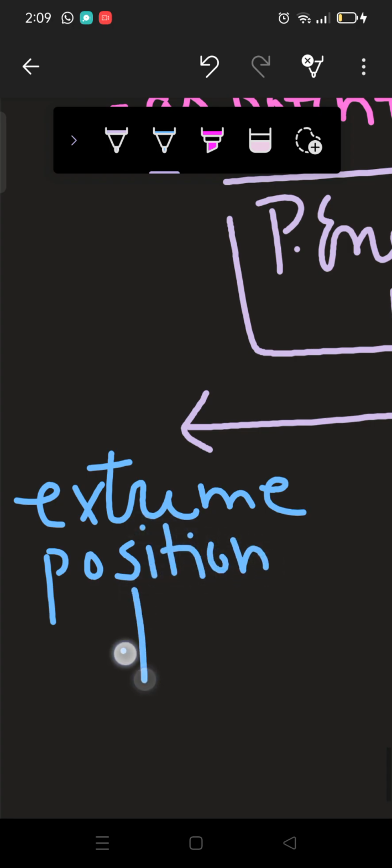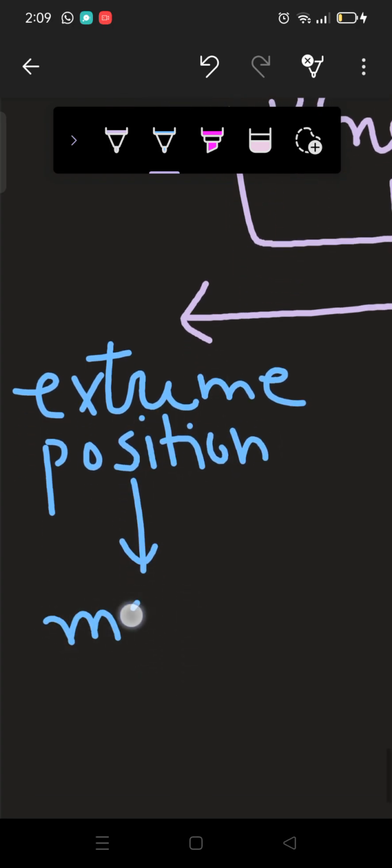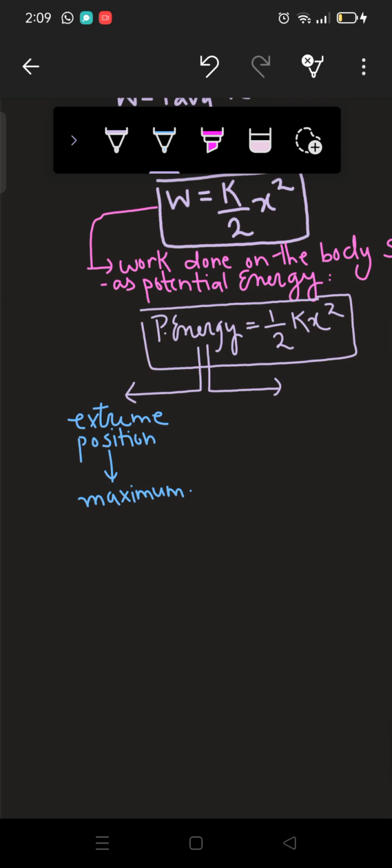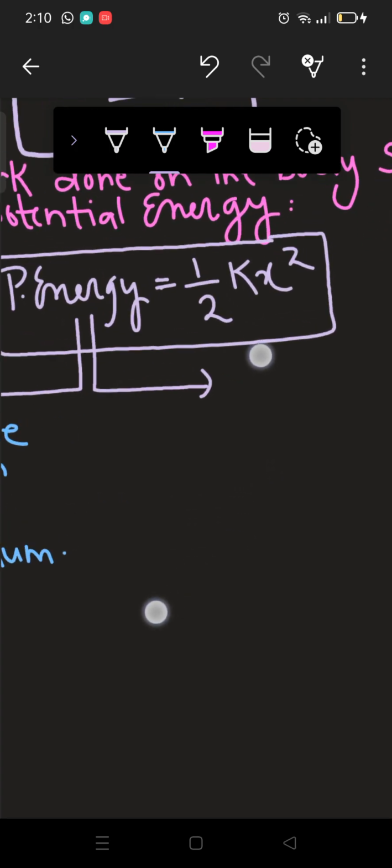Since at extreme position it will have some maximum displacement, and potential energy is due to the position of the body, that's why we have maximum potential energy at extreme position.